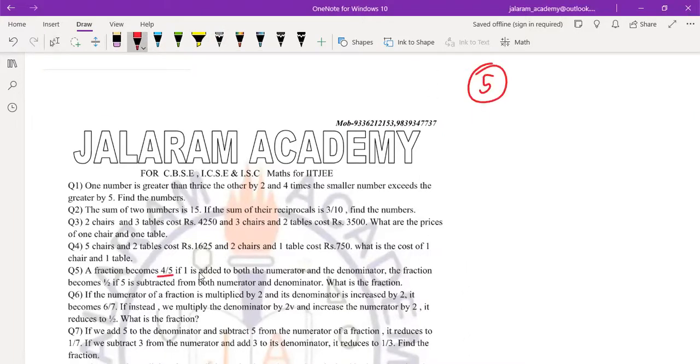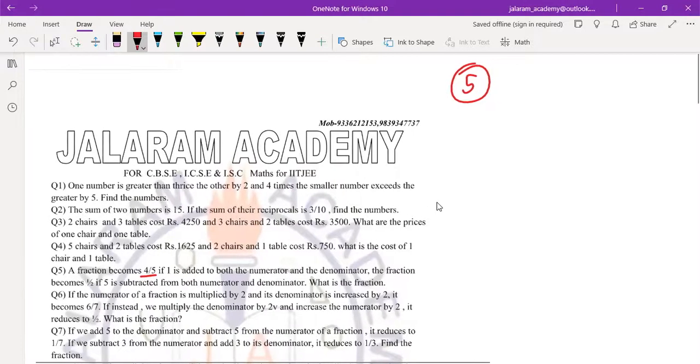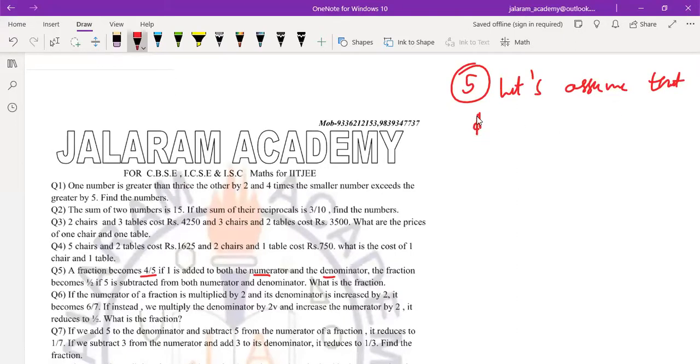A fraction becomes 4 by 5 if 1 is added to both the numerator and denominator. In these types of questions, you have to assume the numerator and denominator first of all. Let's assume the numerator be x and the denominator y.